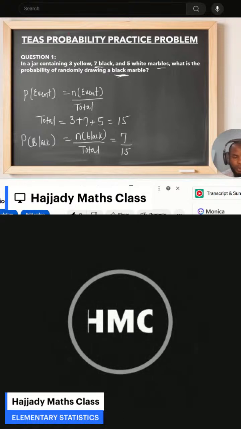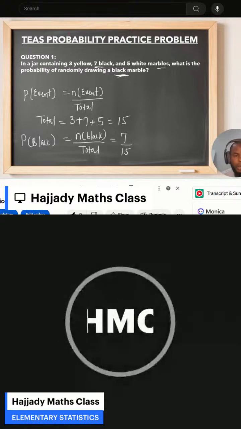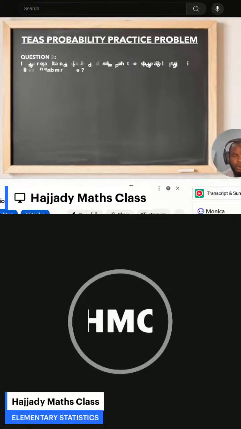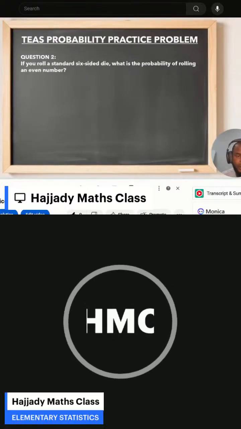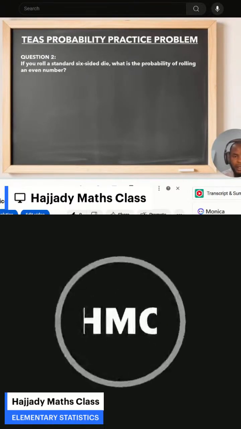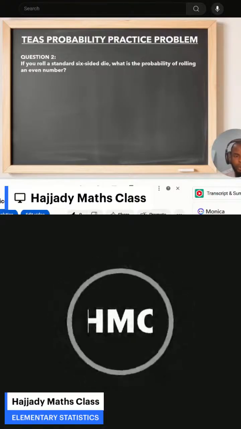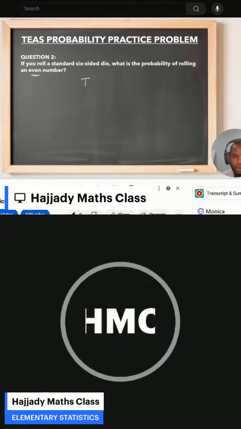Now let's move to question number 2. It says, if you roll a standard 6-sided die, what is the probability of rolling an even number? The first thing you have to do is to get the total sample space.